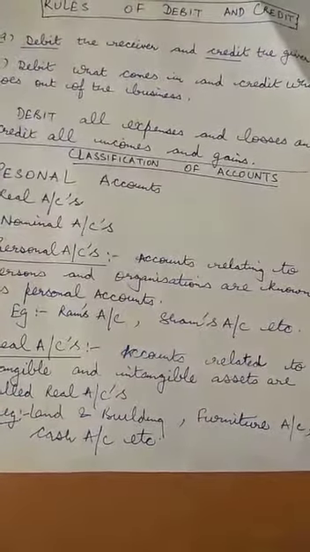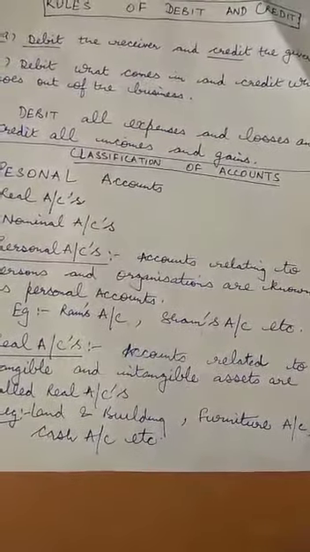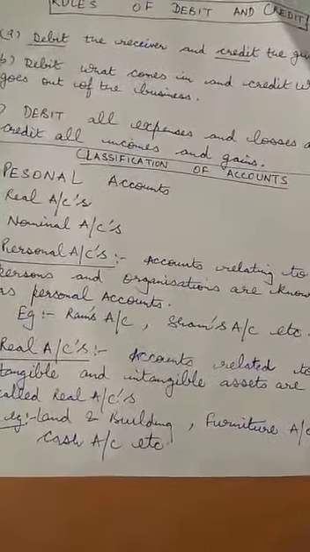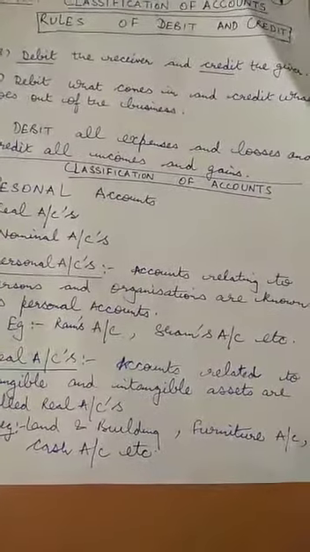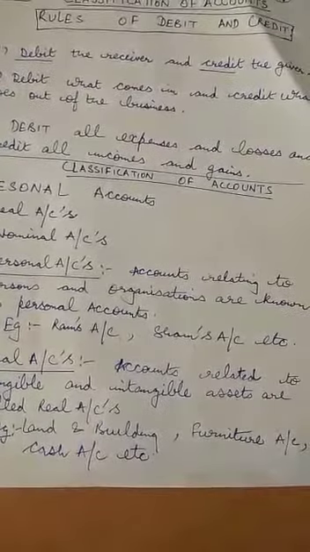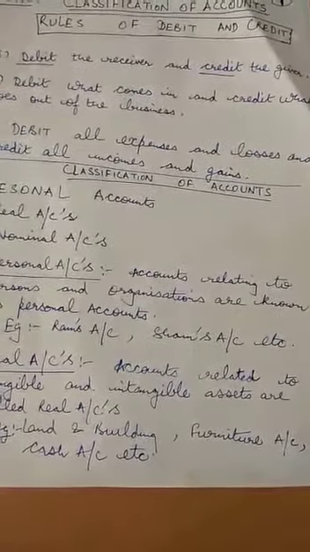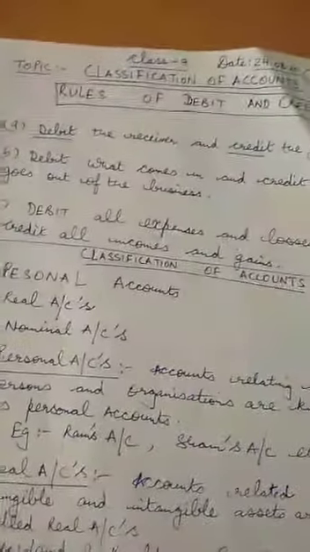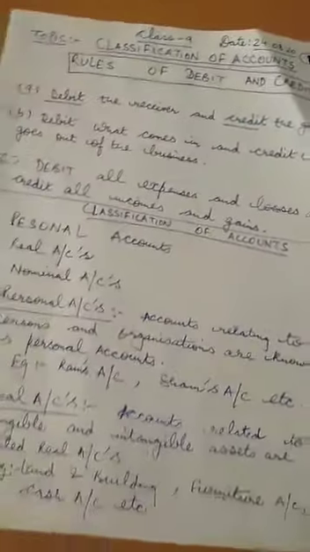When we talk about, children, the personal account, the natural accounts include all the accounts of persons, that is Ram's account, Sham's account, Hari's account, capital account, etc. When we talk about the artificial account, what does it include?